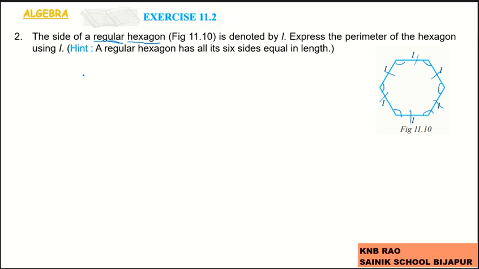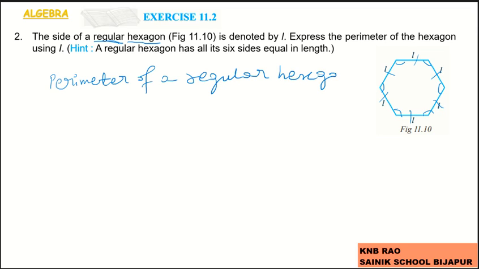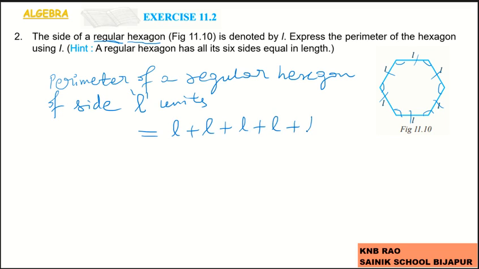So very simple, as I have already told in the case of equilateral triangle, perimeter of a regular hexagon of side L units will be L added to itself 6 times, because perimeter is nothing but total length of the boundary.